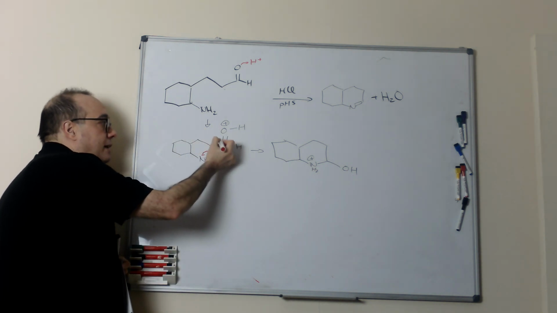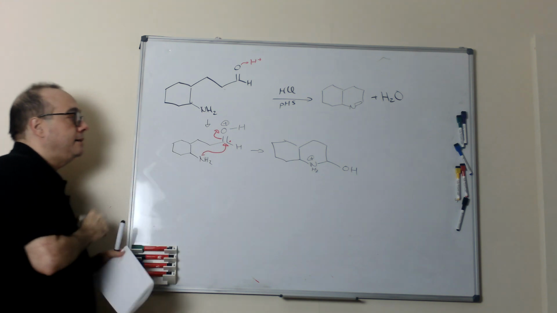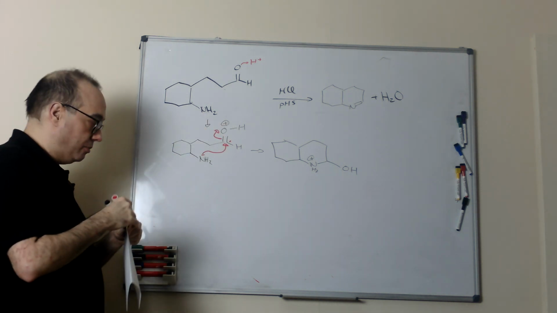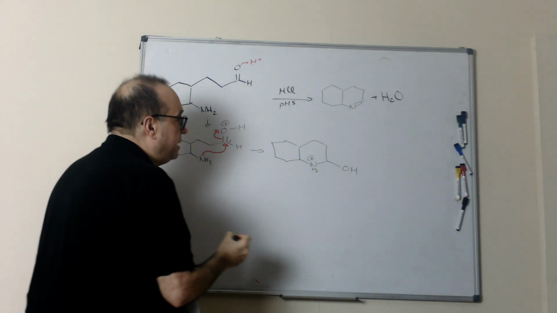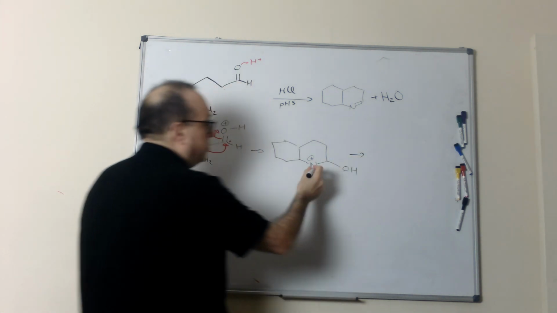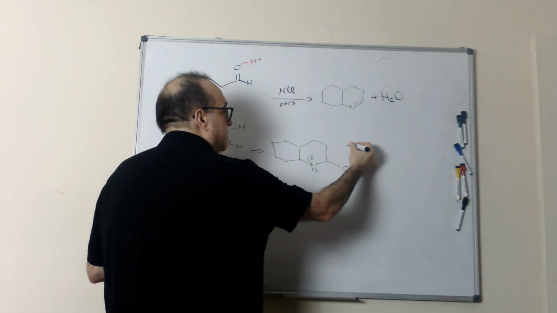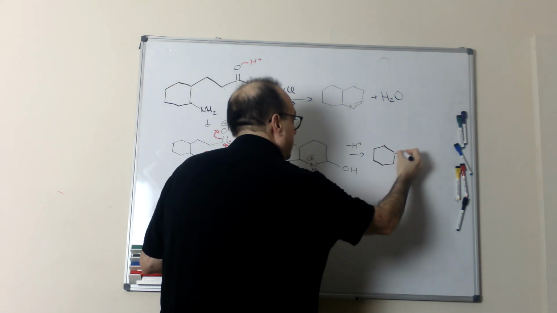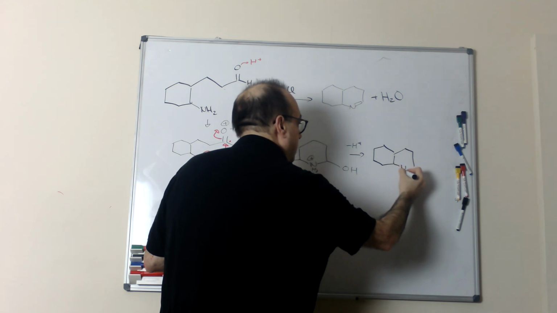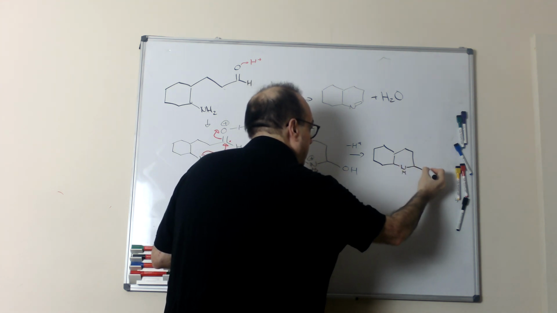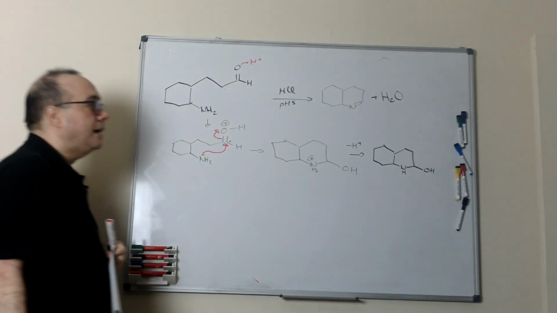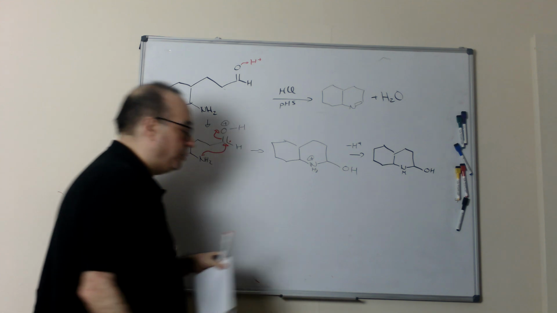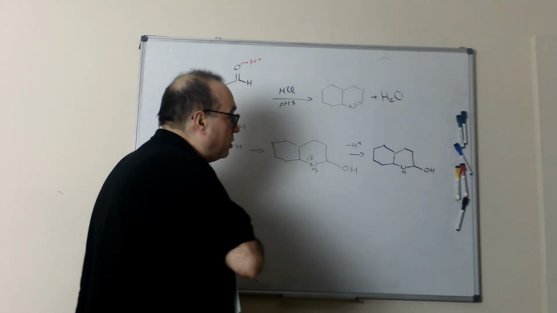Remember that the nitrogen attacks the carbonyl group, and then the pair of electrons that are forming the carbon-oxygen double bond go to the oxygen. When we have this, basically what we do is we remove one hydrogen to form the hemiaminal.